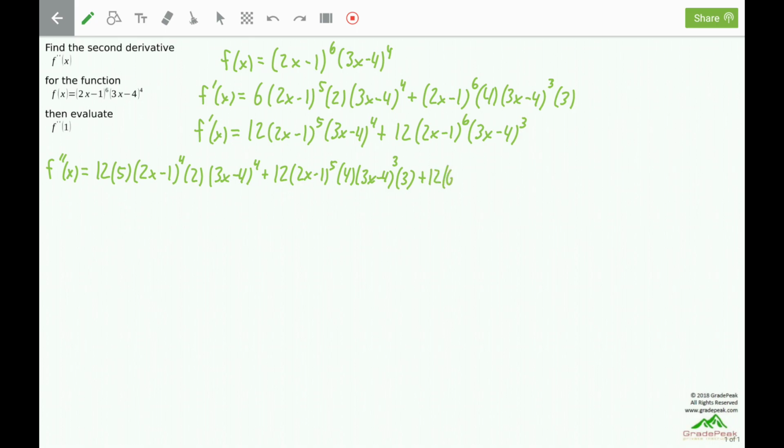So we'll take the derivative of the first, bring its power down, leave its inside alone, subtract 1 from its power, multiply by the derivative of the inside to complete the chain rule, times the second left alone, plus the first left alone, and then the derivative of the second: bring its power down, leave the inside alone, subtract 1 from the power, and then multiply by the derivative of the inside to complete the chain rule.